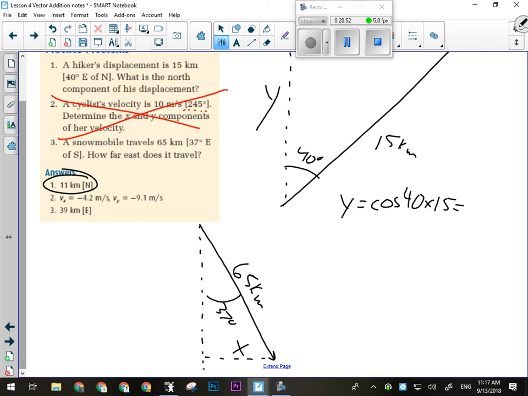That is the x component for this one. So to get that, it's the opposite side. So x will equal the sine of 35 degrees times 65 kilometers, which should give us 39 kilometers east. Questions on those two?